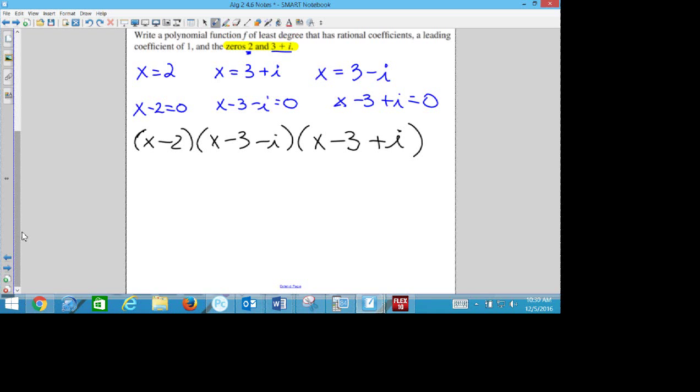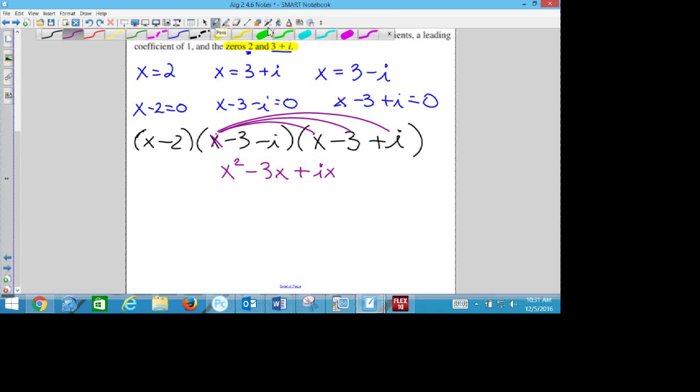Okay, so we're going to stay organized, and we're going to distribute the x first. So we'll have x squared minus 3x plus ix.